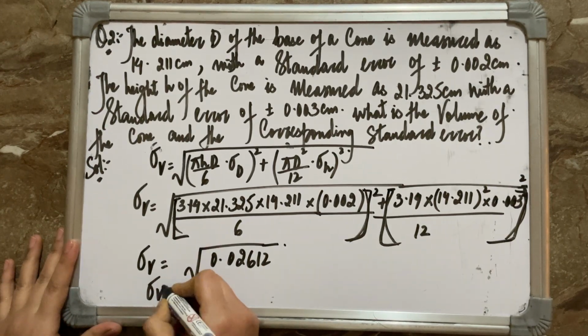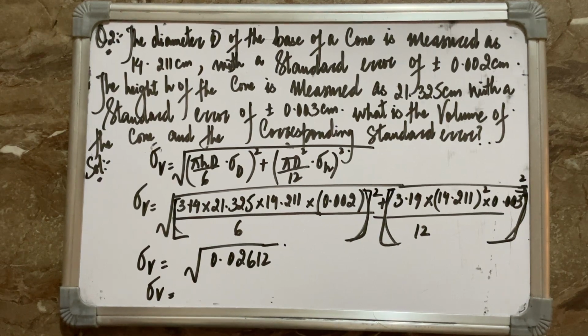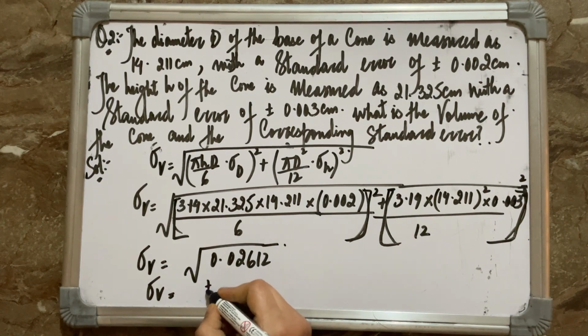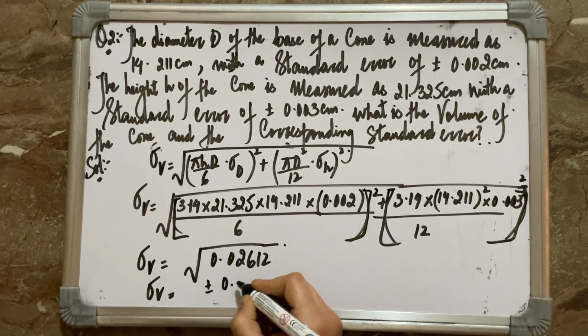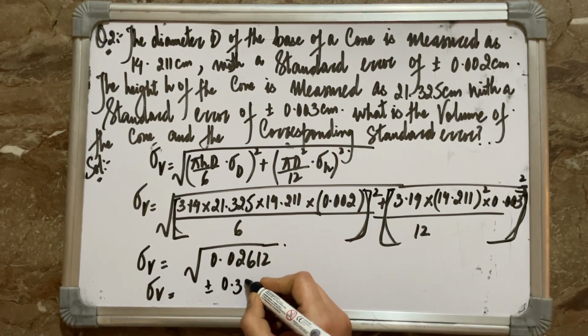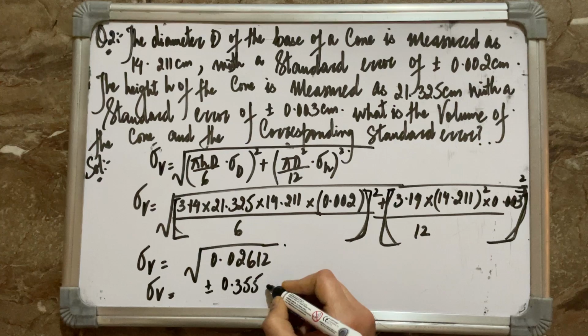So my standard error in the volume of this cone is equal to plus minus 0.35555 centimeter cube.